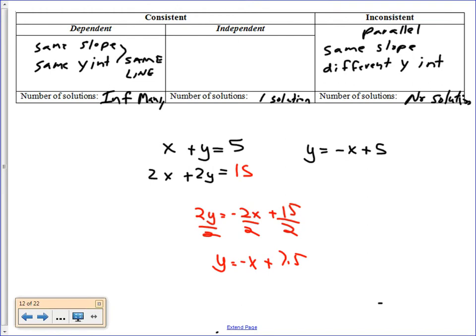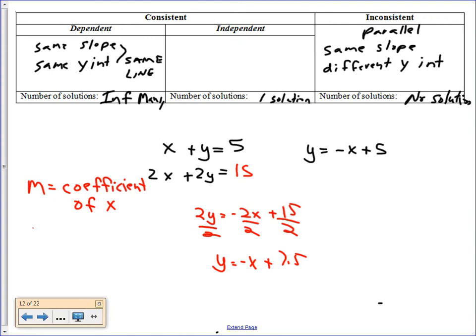Where's the slope at? Use a math term for me. Use a math term for the number in front of a variable. Coefficient. So the slope is the coefficient of x. And then the b, the y-intercept, is the number sitting out there that doesn't change.